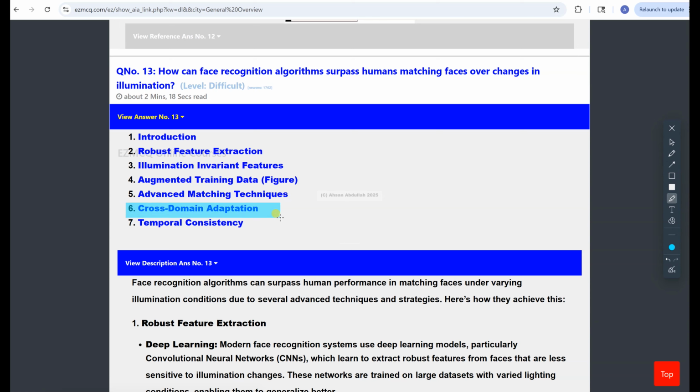Cross domain adaptation. So what does it mean? These representations can be from different lighting domains, and the algorithms learn. Those reinforcement learners learn to recognize faces seen under one type of lighting condition, for example, daylight versus dim lighting versus afternoon versus near noon.